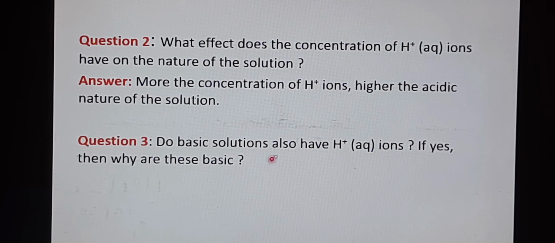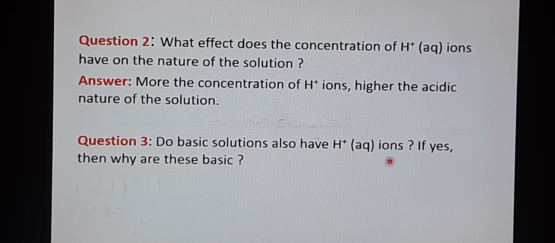Do basic solutions also have H positive ions? If yes, then why are they basic? Yes, this we also discussed while doing the pH scale. I showed you that throughout those numbers 1 to 14, H positive ions are present, but their concentration starts decreasing after 7.